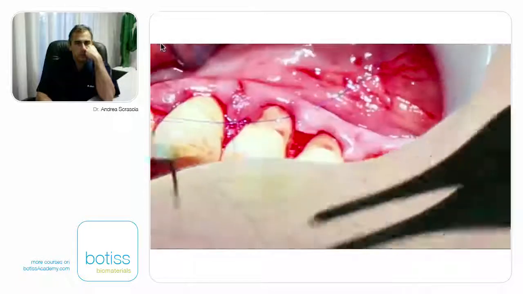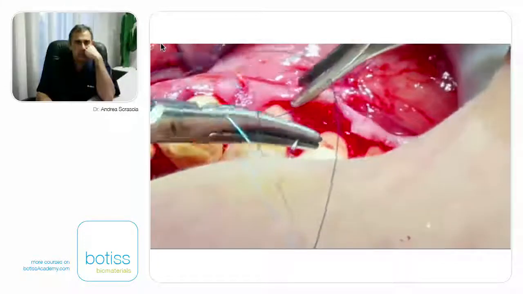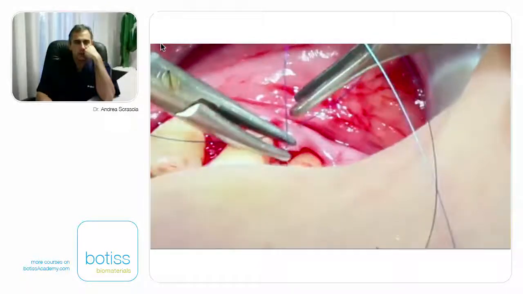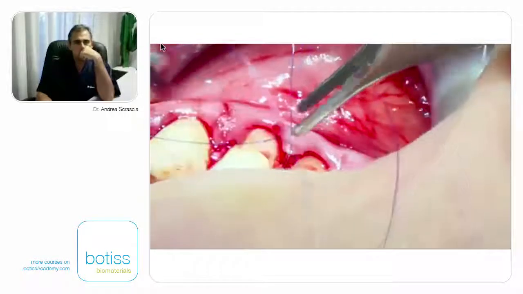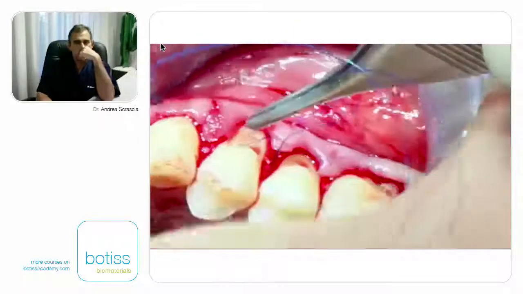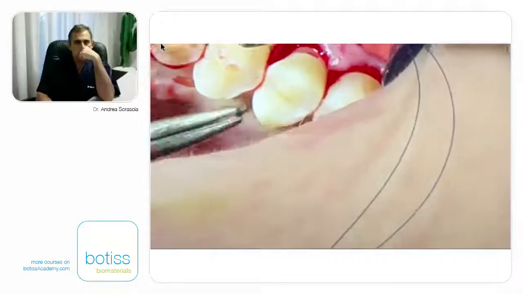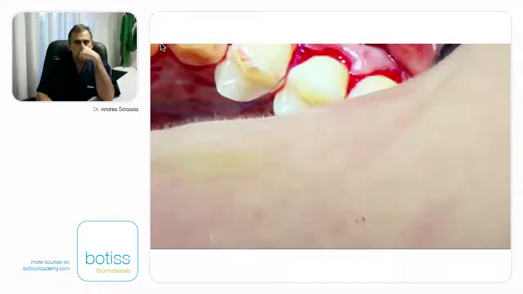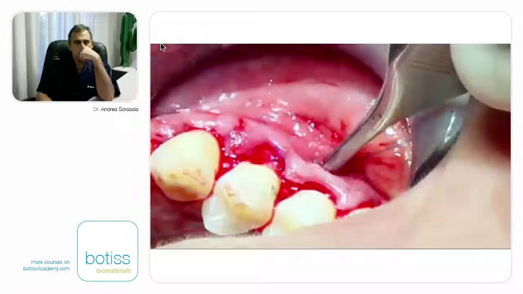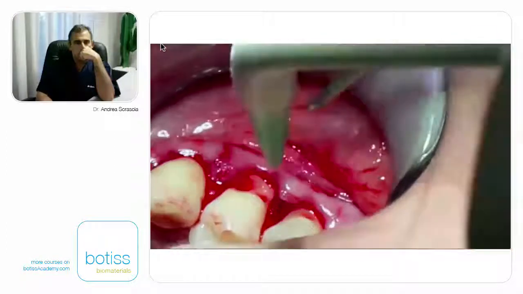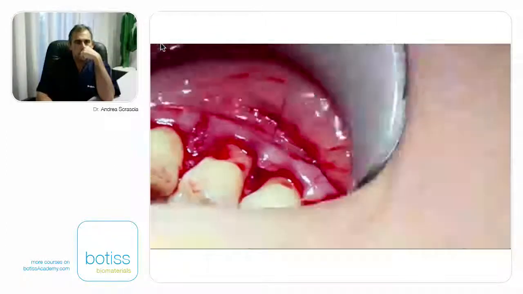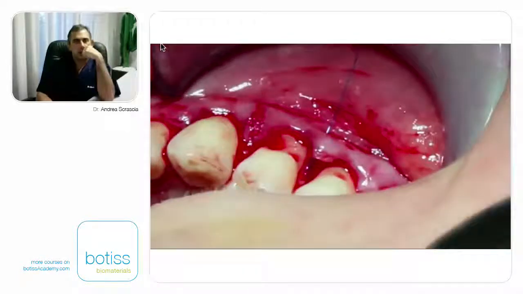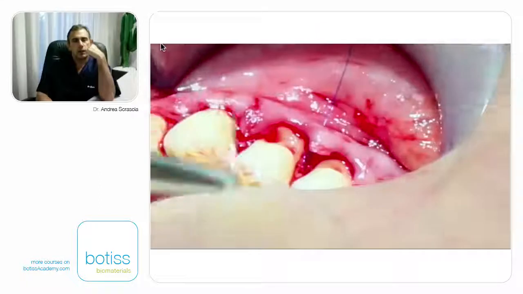The first step, you have to go under the contact point without engaging the clinical papilla.